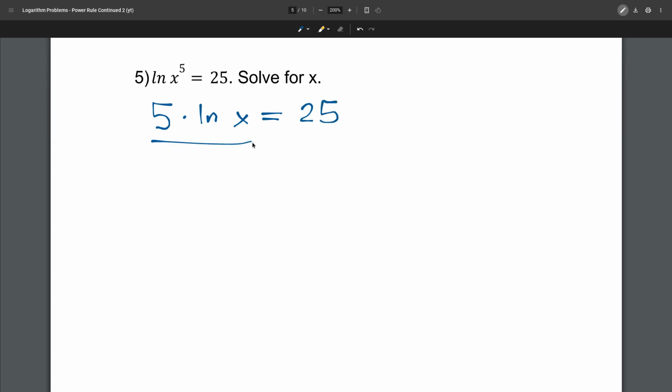We're going to divide both sides by 5, and we'll get the natural log of x equals 5. The base of a natural log is e, so when I write this in exponential form, e to the fifth power equals x. Again, we start with a 5 here, so it's an odd power, so we can't include a negative solution here.